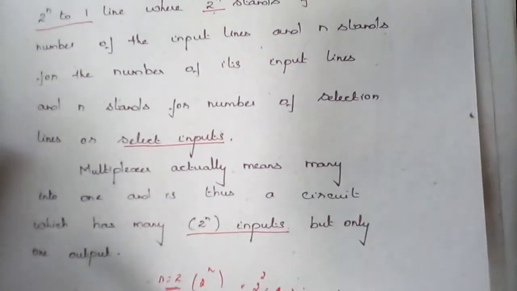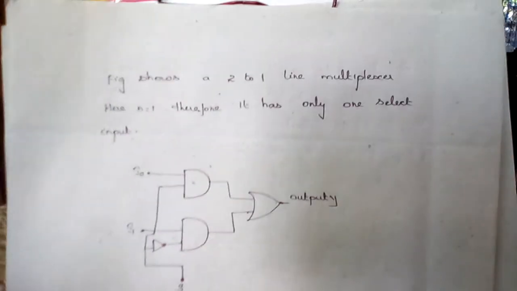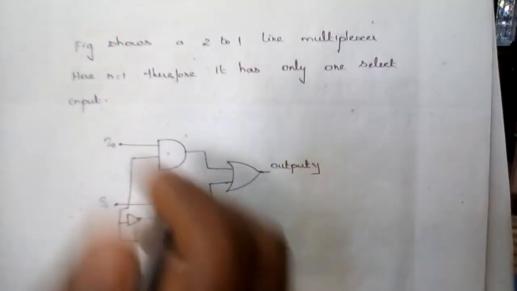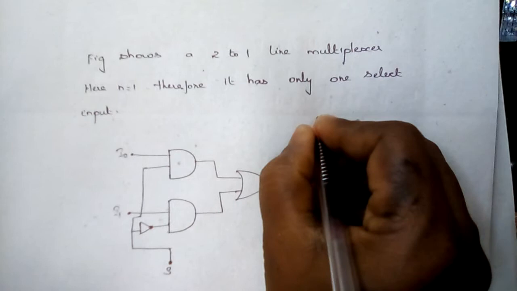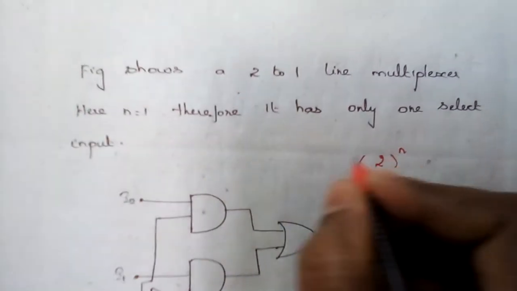Now we also discuss the 2 to 1 and 8 to 1 multiplexers. Here there is a 2 to 1 multiplexer. The size of the multiplexer is decided by 2 power n.